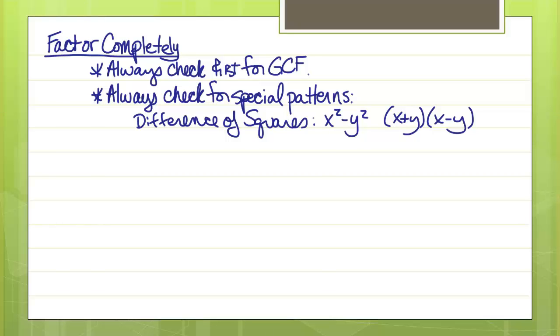So we looked for squares a lot. We're used to looking for squares both in terms of variables and in terms of numbers. There are perfect square trinomials.